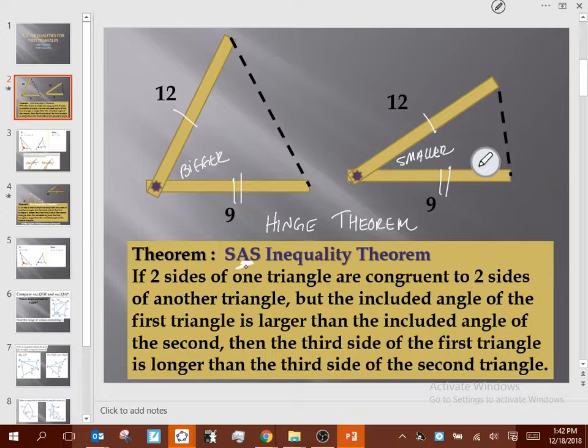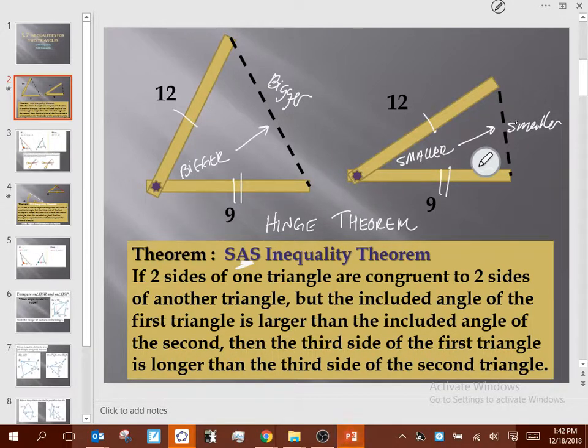We know which one's bigger, we know which one's smaller, right? Because of that information, I should be able to go opposite that angle and say that segment is bigger in comparison to what's opposite that one. That segment is smaller. Does that make sense?